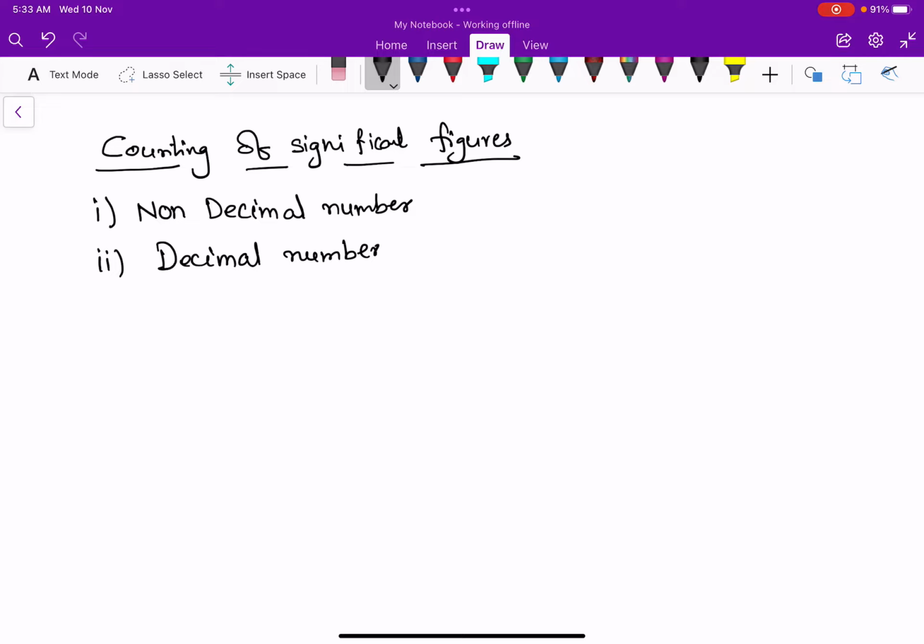Now let us see first the non-decimal number, how to count.